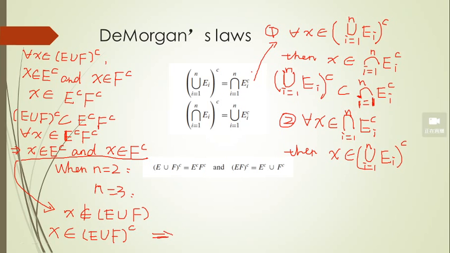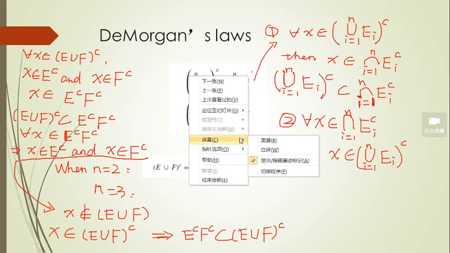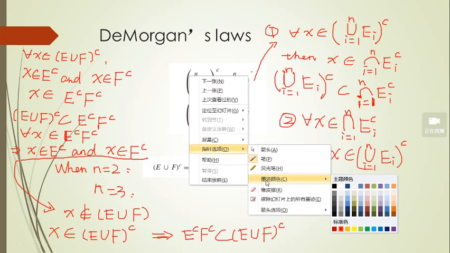So that implies we prove the right side event is a subset of the left side event. So here we have the relation I mentioned before. Let me choose a different color.